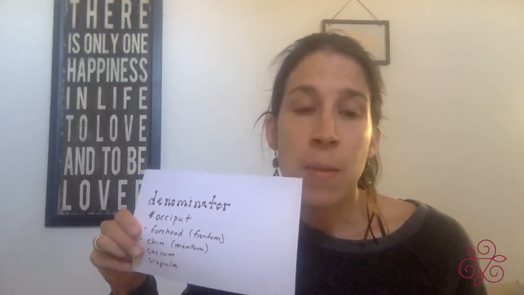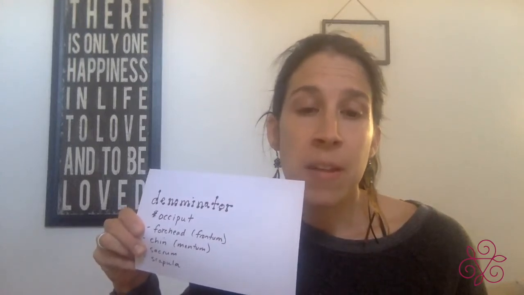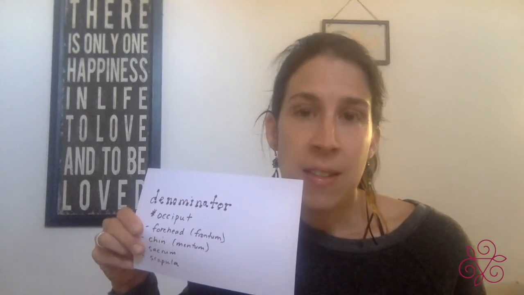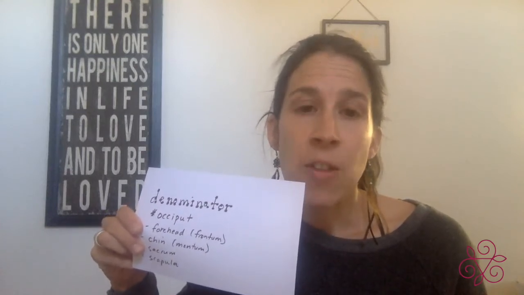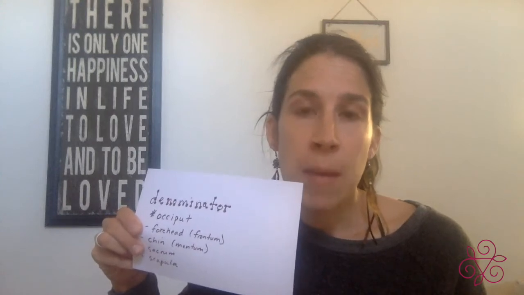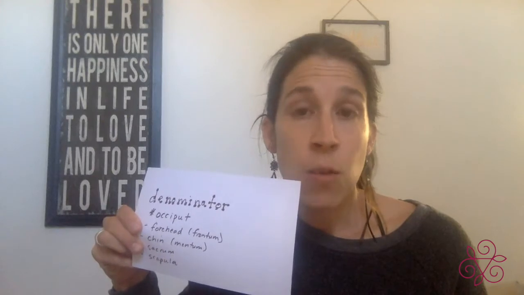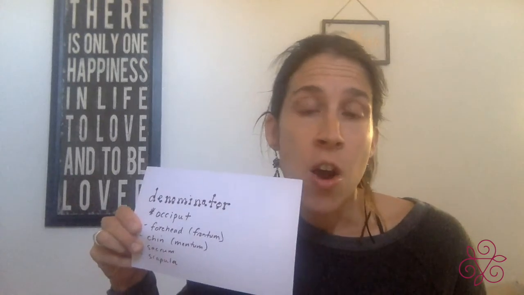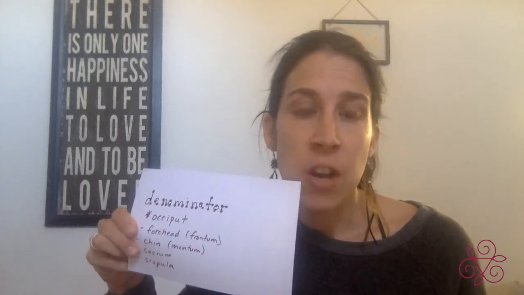So I have occiput starred because the occiput is the place on the head that presents in the cephalic presentations and is the denominator. That's the place we use on the baby to describe most head down positions. And of course, head down babies are the highest percentage of babies, especially at term. So that's why that one's starred.